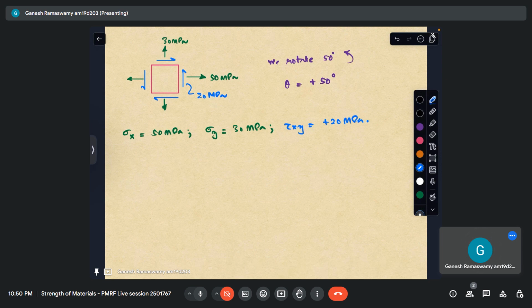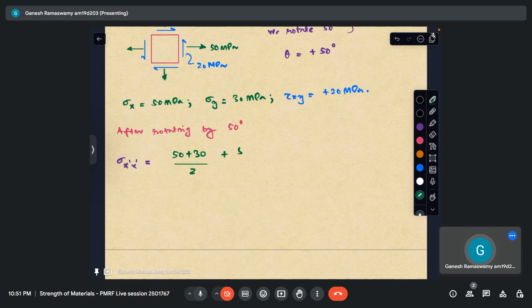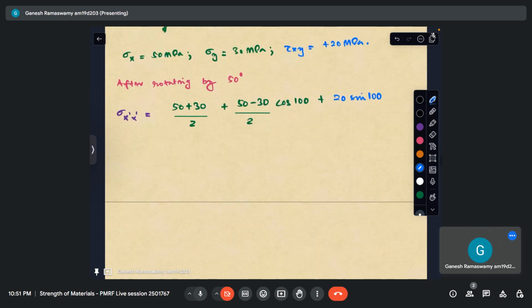So now after rotating by 50 degrees, we'll have sigma x prime as sigma x plus sigma y by 2 plus sigma x minus sigma y by 2 cos 2 theta plus tau xy sine 2 theta.